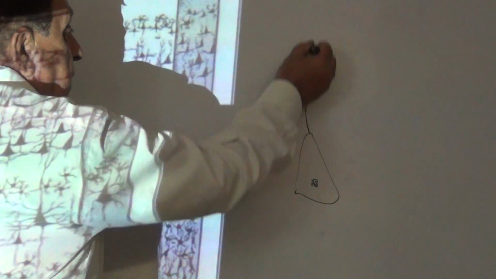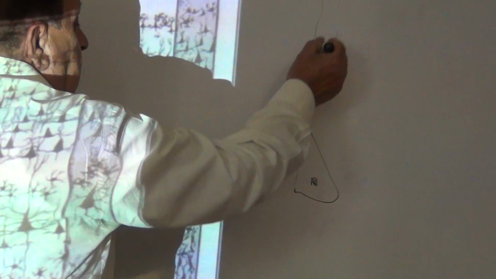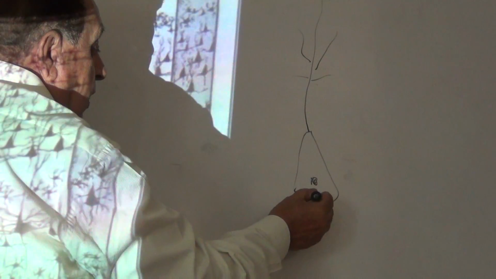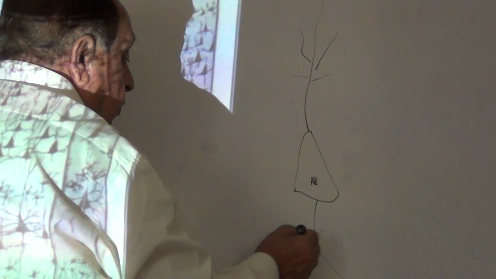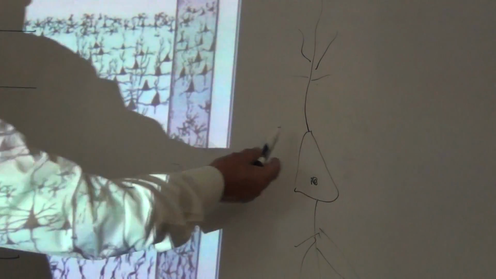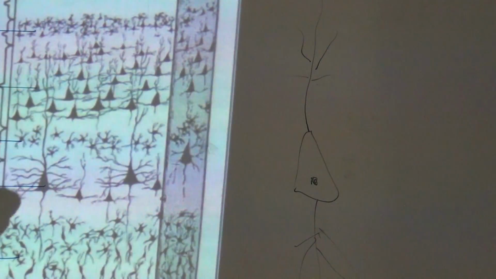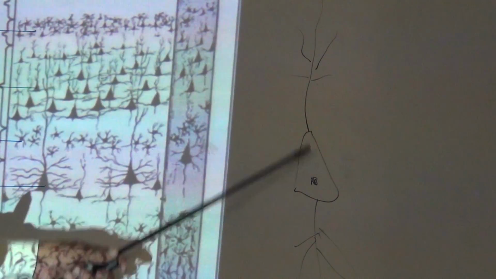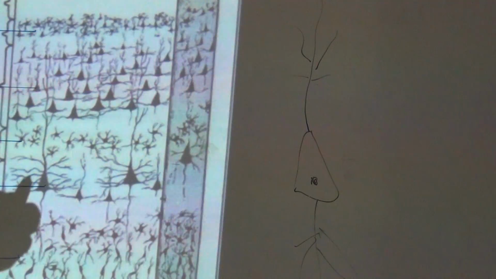From their apex arises the dendrite, which moves upwards towards the surface of the brain, while the axon moves downwards.